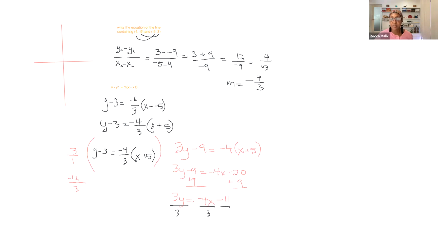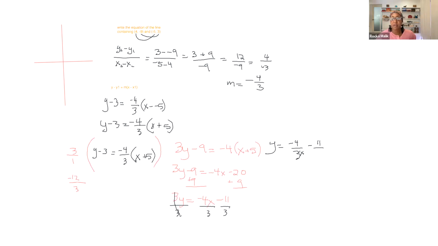And divide this by 3. So I have y equals -4/3 x minus 11/3.